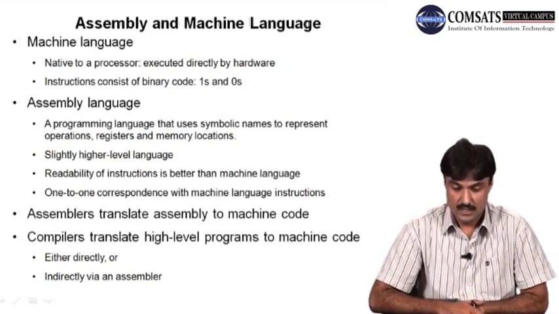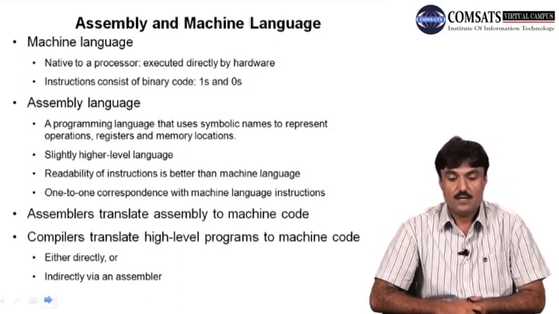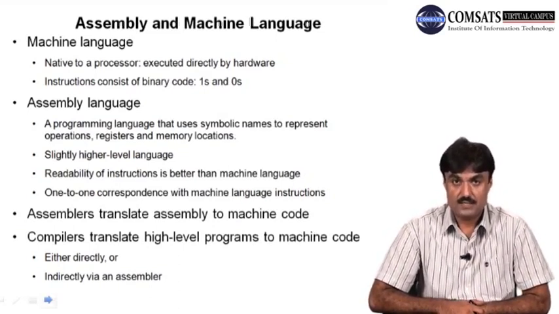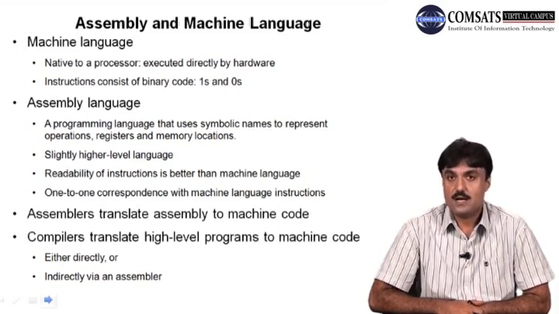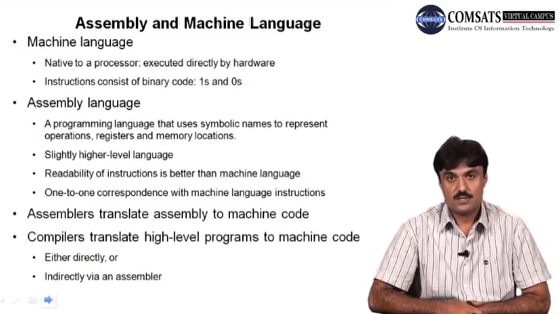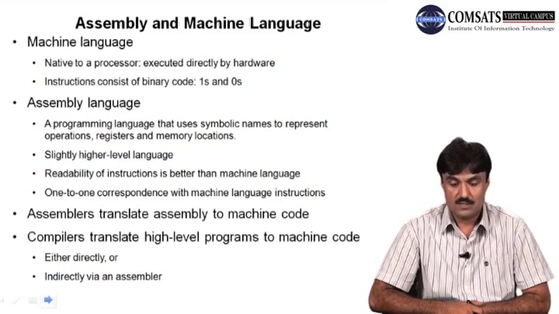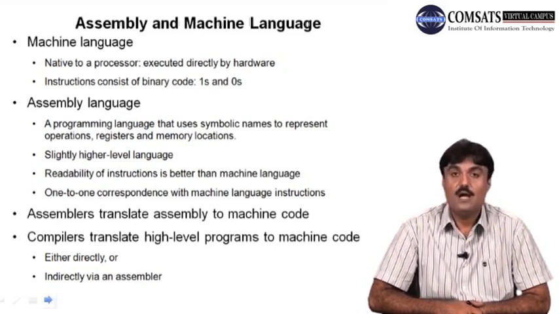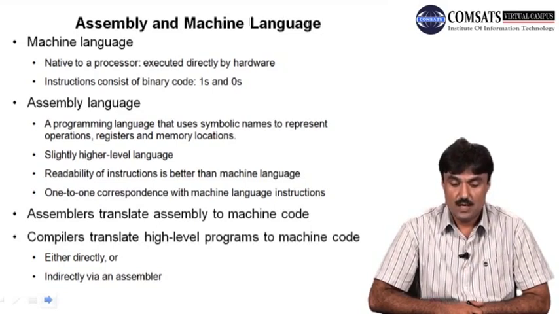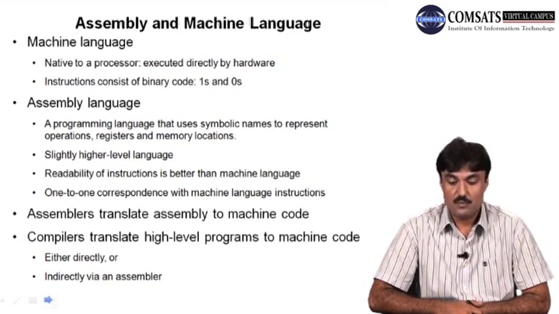So what are assembly and machine language? Machine language is native to the processor, directly understandable by the processor, so it can be directly executed by the hardware. The instructions in machine language are in the form of binary, zeros and ones. On the other hand, assembly language is a programming language that uses symbolic names to represent operations, registers, and memory locations.